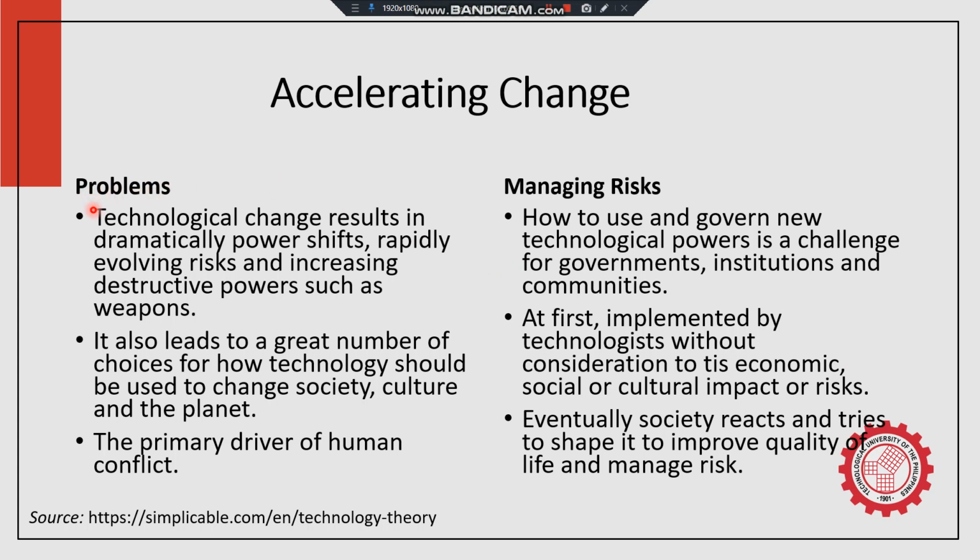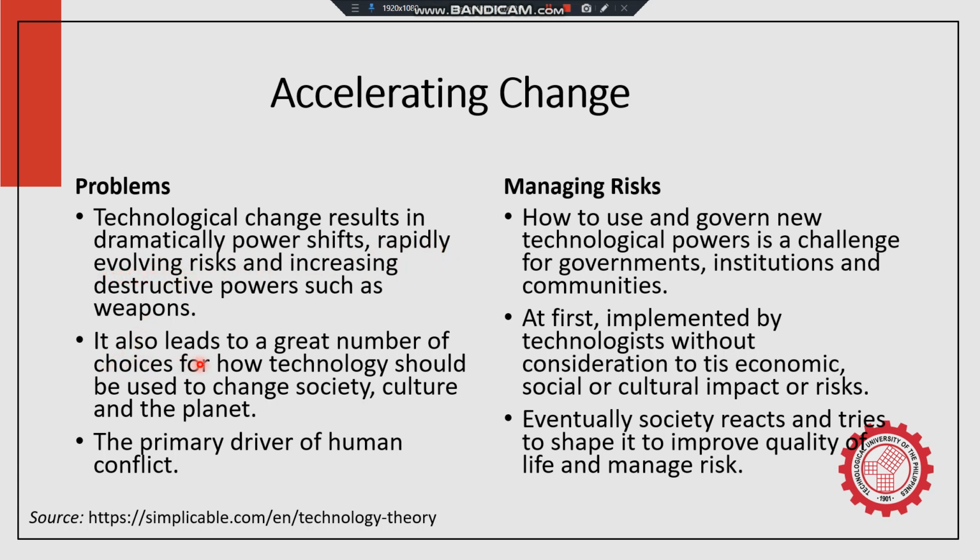So here are the problems that arise in accelerating change. Technological change results in dramatic power shifts, rapidly evolving risk, and increasing destructive powers such as weapons. Whether it's exponential or hyperbolic, there is a rapid change, and it's very risky.